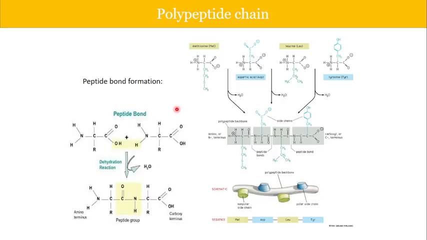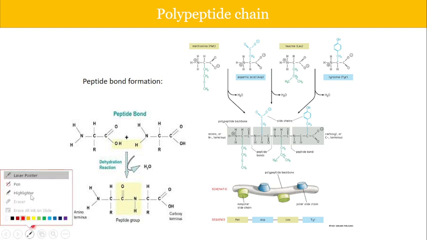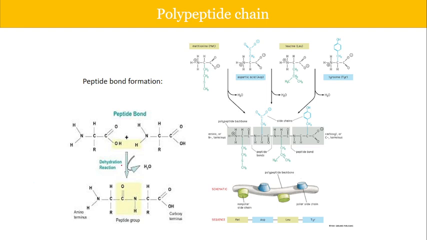So how is this polypeptide chain formed, and what is the peptide bond? How is the peptide bond forming? If I take two random amino acids and they undergo the dehydration reaction, you are losing water. Say this is a carbon with R group 1, and this is an amino acid with a side chain R2.